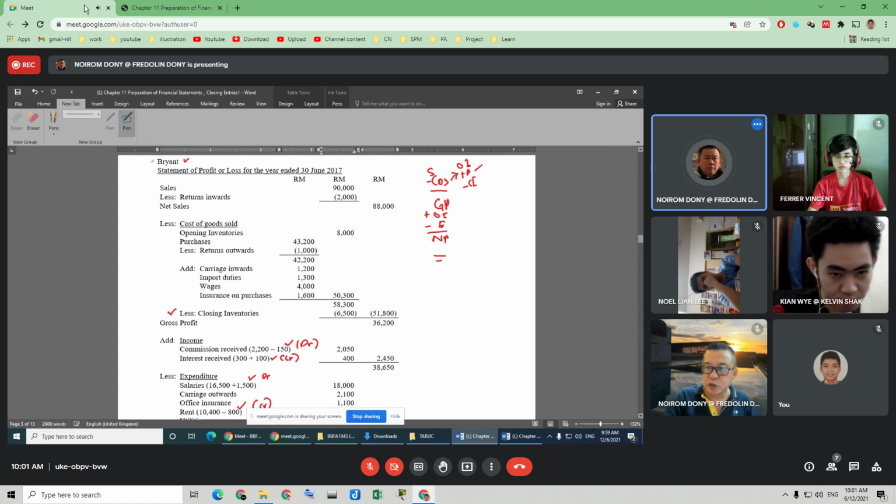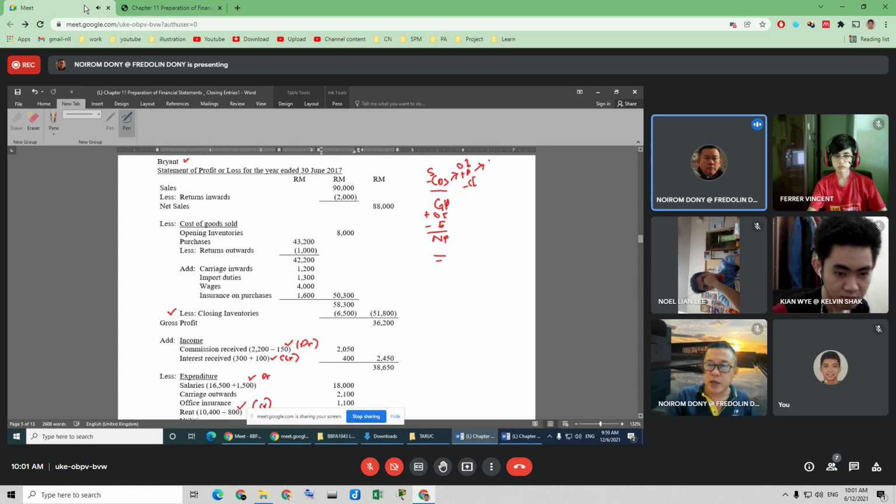But sometimes you have expenses related to purchases. So you need to break it down, where you need to use the first column here. Look at this first column. You only use this first column if you have related costs on purchases.